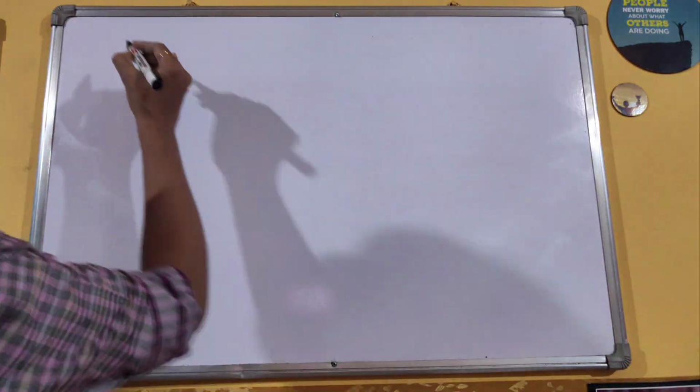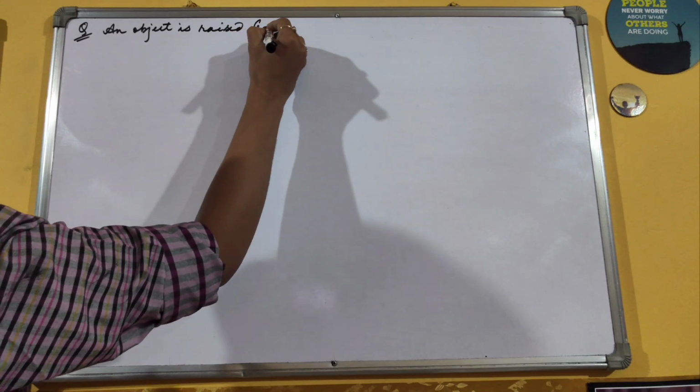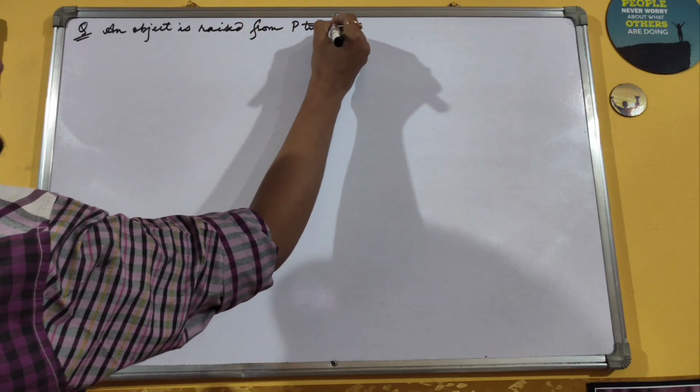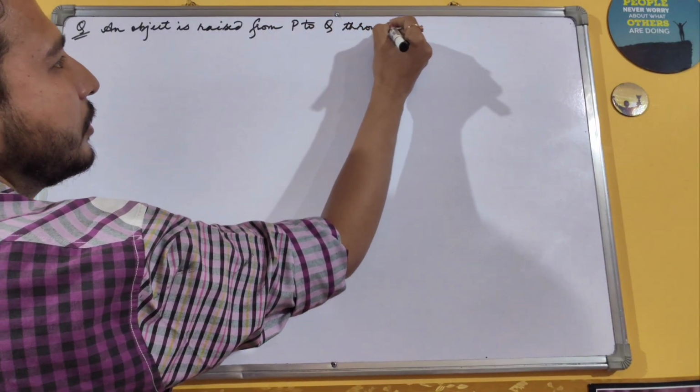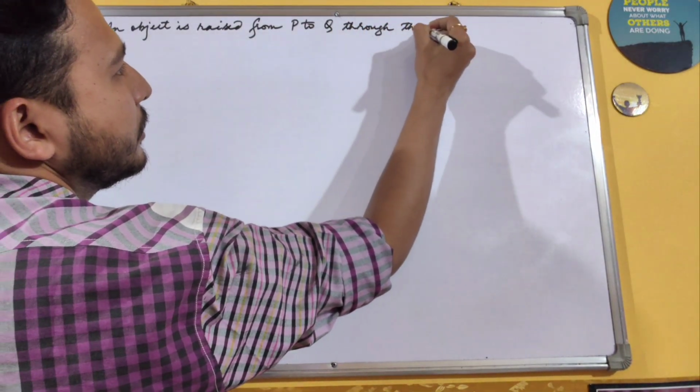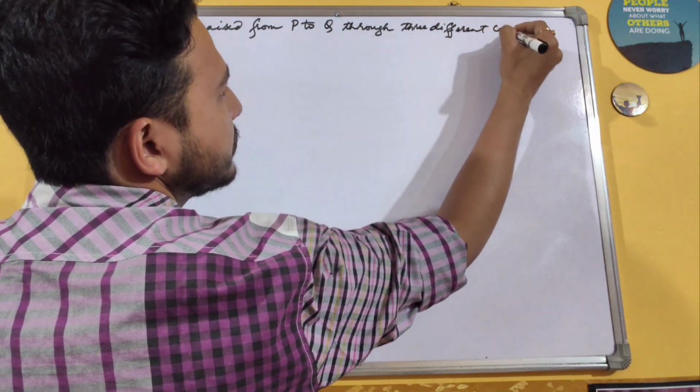Suppose the question is, an object is raised from P to Q through three different cases.